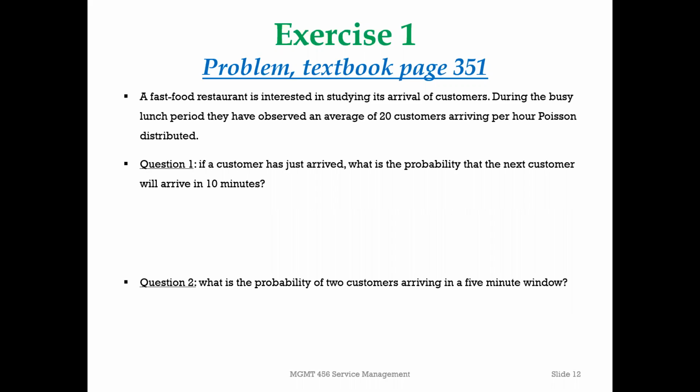Exercise question 1. This is from the textbook. A fast food restaurant is interested in studying its arrival process. During the busy lunch period, they have observed an average of 20 customers per hour. It's a Poisson distribution or Poisson process. Look at question 1.